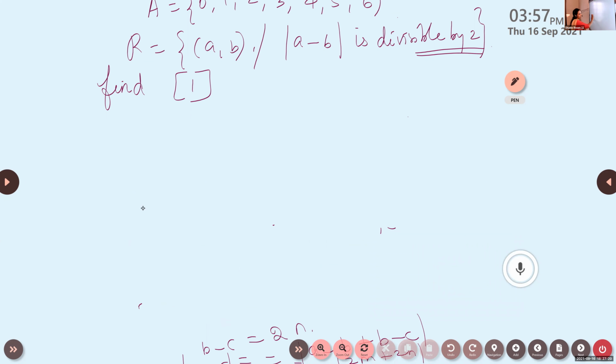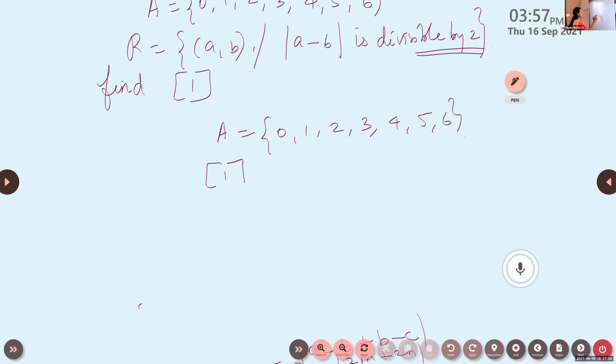We are given the set A is equal to {0, 1, 2, 3, 4, 5, 6}. So what will be equivalence class 1? We should get the remainder 1. That means it will be {1, 3, 5}.